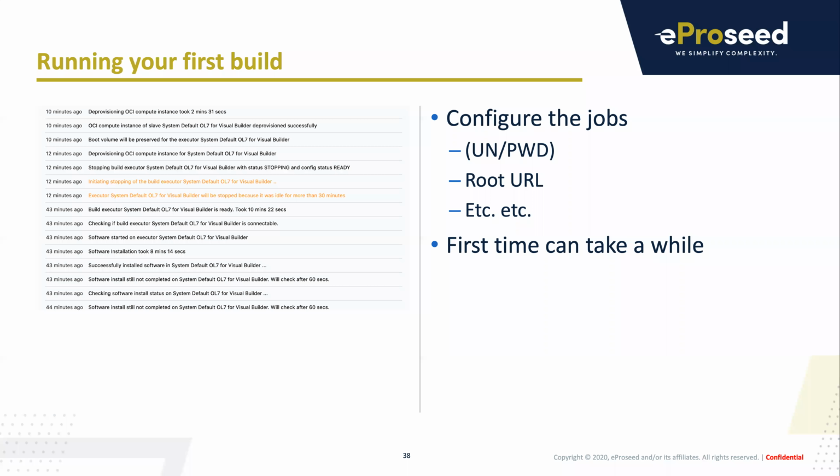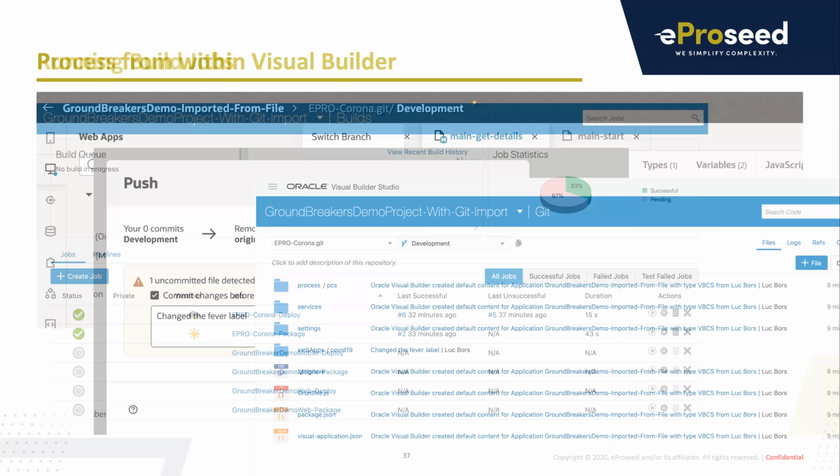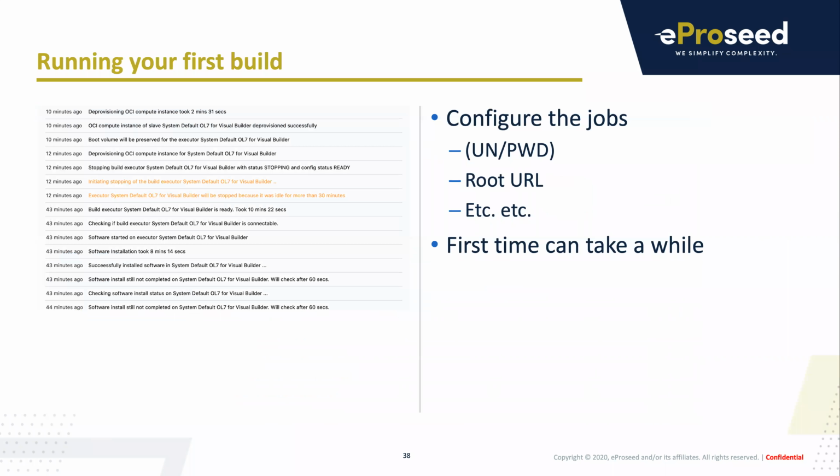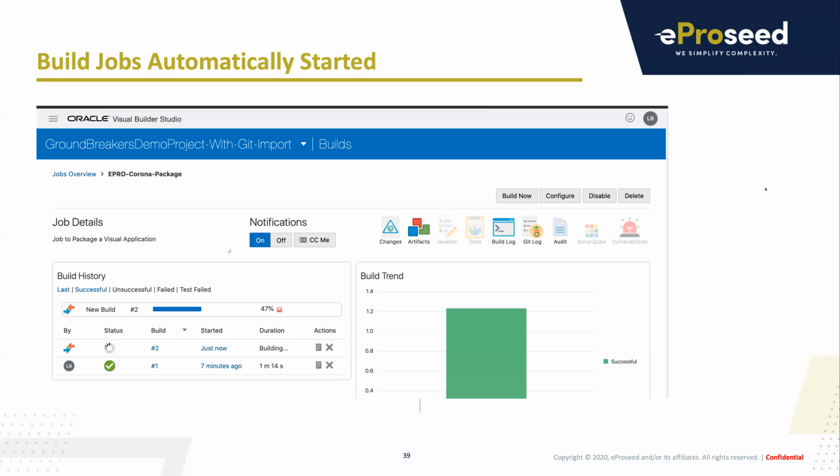One very fancy thing, and let me go back two slides. So if you look at this, where I explained that when you change something in Visual Builder, so in the code of your application, and when you then push it to your branch, what Visual Builder will do is actually automatically start a build job because it detects the code change.